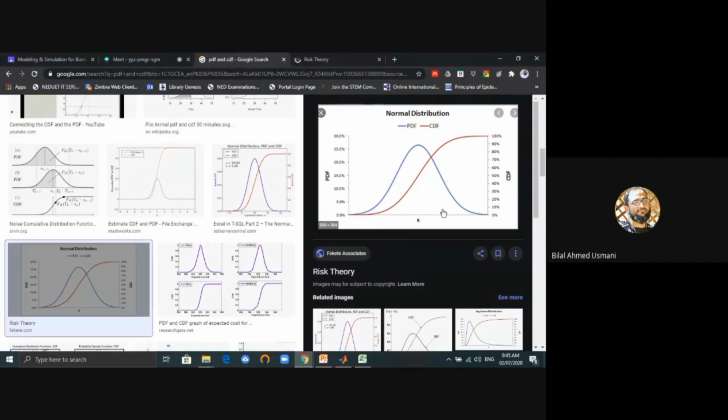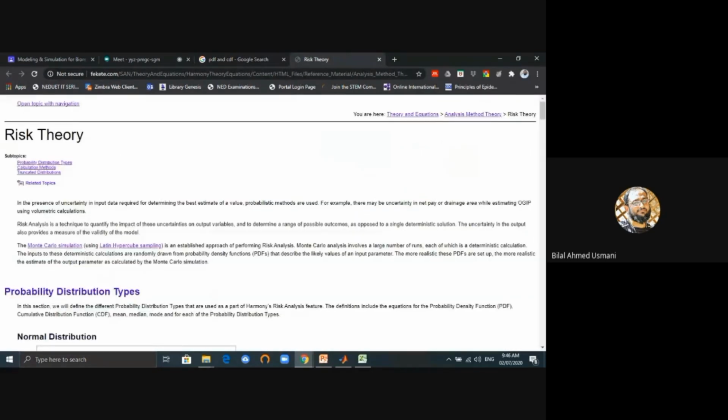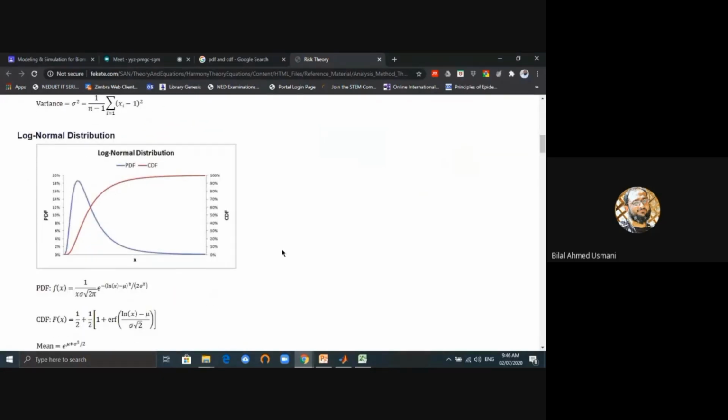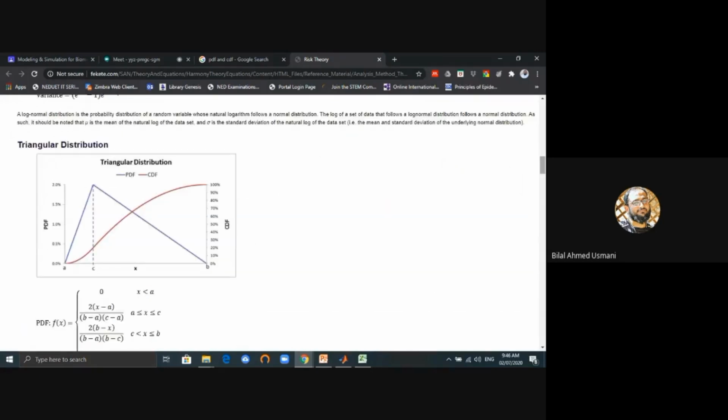So this is the PDF and this is the CDF. The cumulative distribution function will always sum to 100% and the PDF will show the individual values. Similarly, for the log normal distribution, this is the PDF and this is the CDF. For the triangular distribution, this is the PDF and this is the CDF.